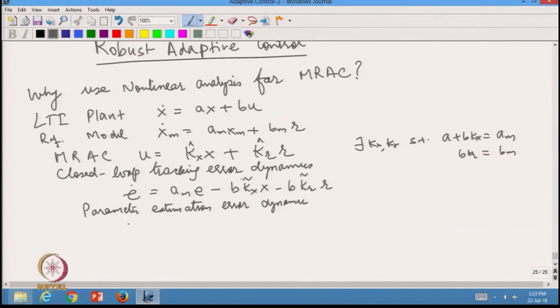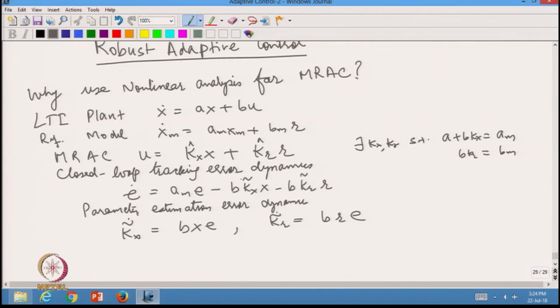So, k x tilde dot is given as b x e. This is what we had designed, and k r tilde dot is given by b r e. So, this is assuming that b is known, right.